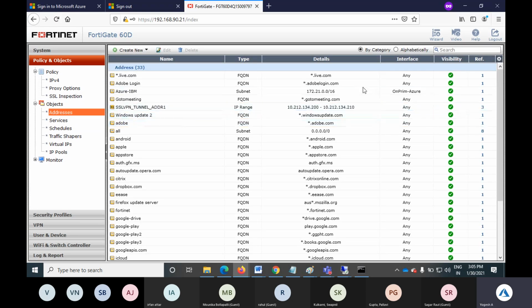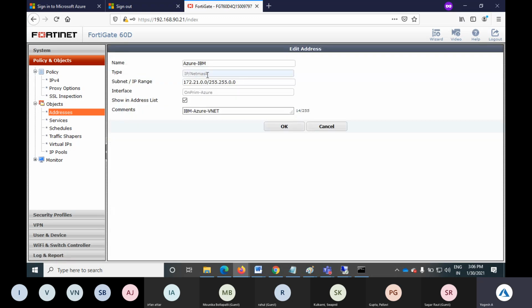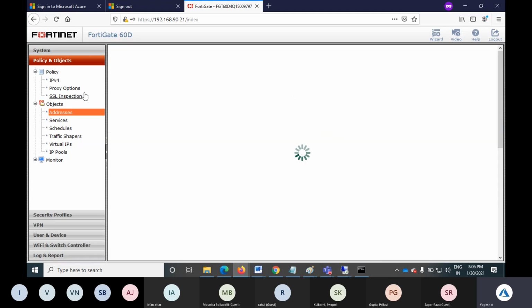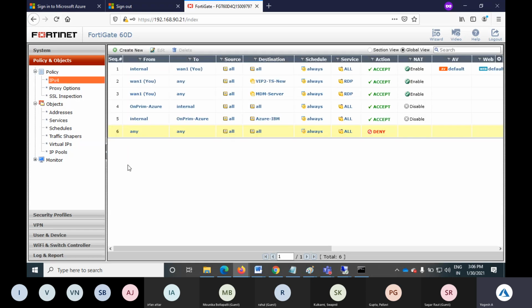So the address also we have created as required. Create Azure to, then IPv4 only.